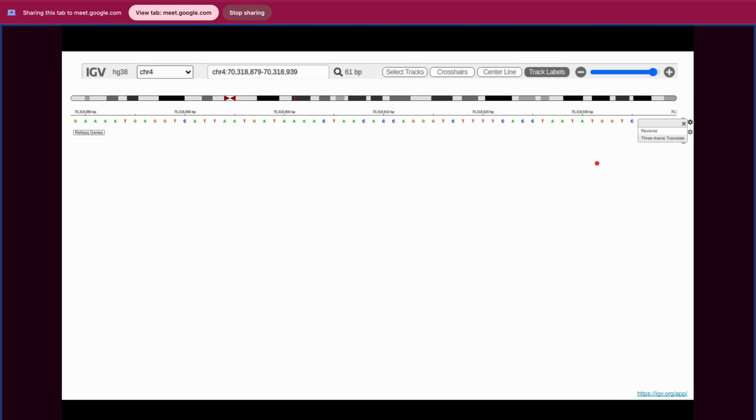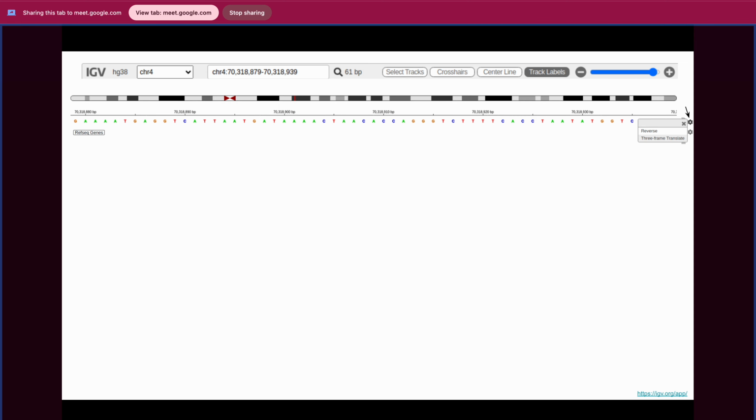Now you also want to look into the protein sequence, because you're interested at the level of proteins, what amino acids are being encoded from this. So you can click on this setting option and it will show the reverse and three frame translate. For this particular genomic sequence, it will translate it into three different frames.